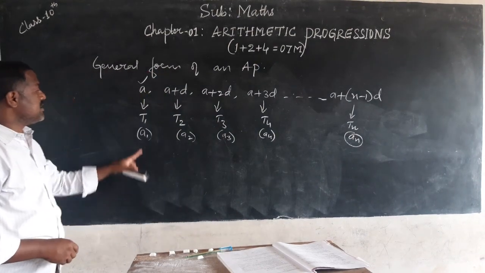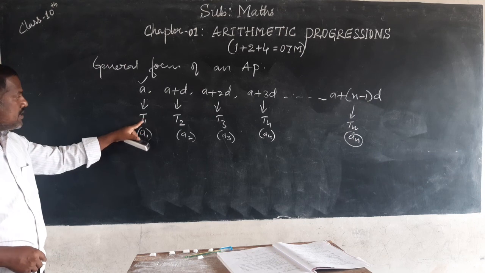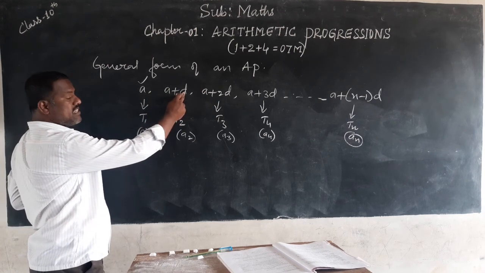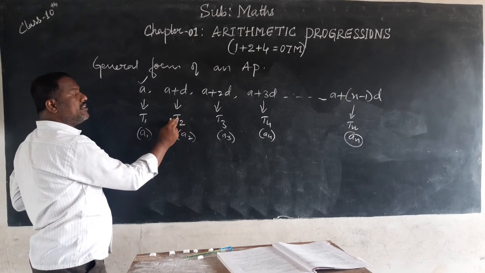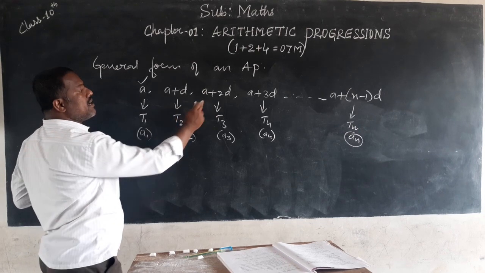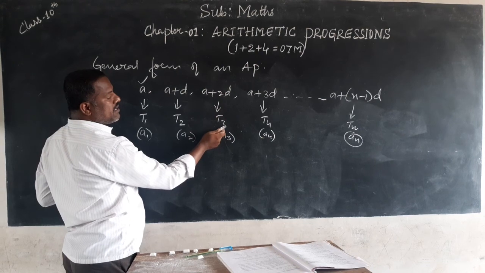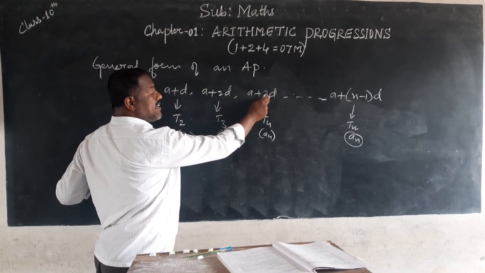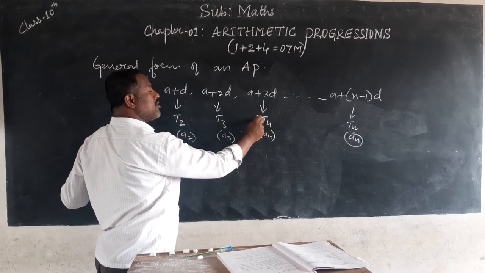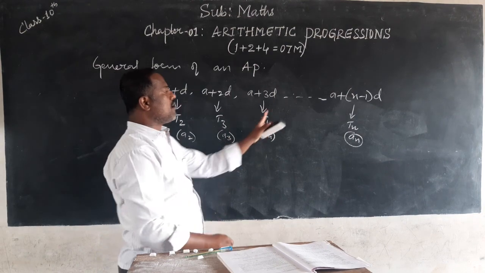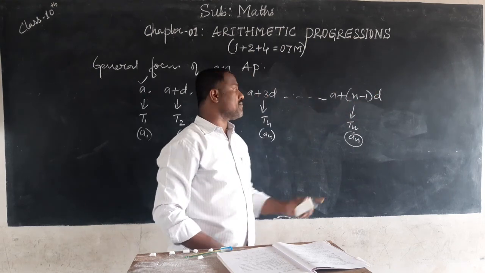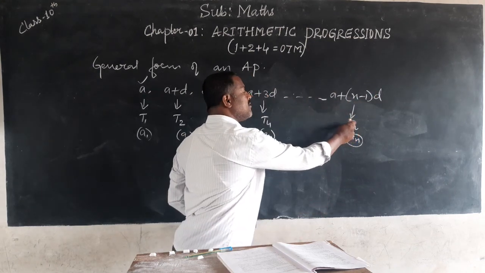A is nothing but the first term. A plus d is the second term. A plus 2d is the third term. A plus 3d is the fourth term. A plus (n minus 1) into d is the nth term.